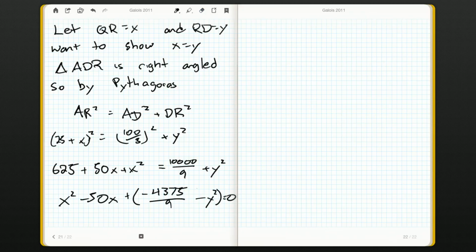So now I should probably be using the Pythagorean theorem for all this. Or not the Pythagorean theorem, the quadratic formula. Wow, I'm off today. Must be the mutton chops.